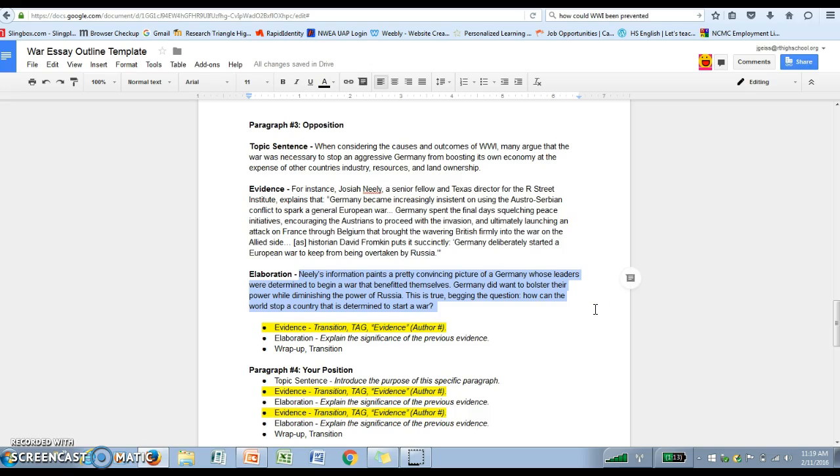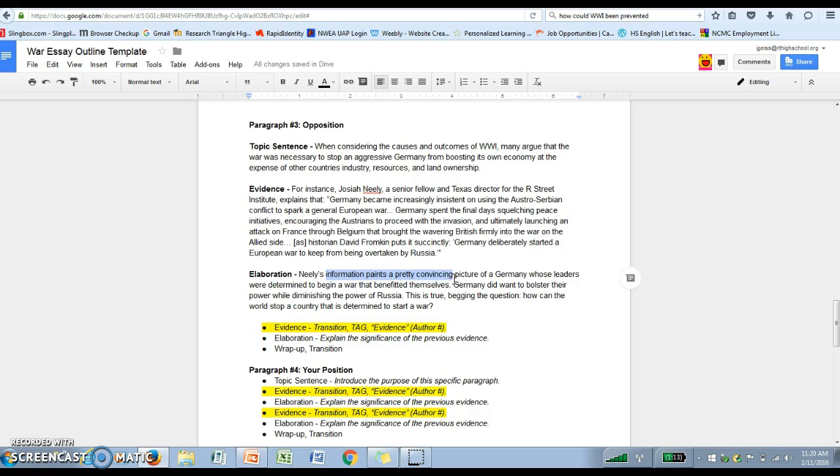So this elaboration does a couple important things. First, it references Neely's name to clarify the fact that this elaboration is speaking on what Neely said earlier. That kind of transition will just keep things clear as to what your reader should understand about your writing. Now, here it's giving in to Neely's point a little.